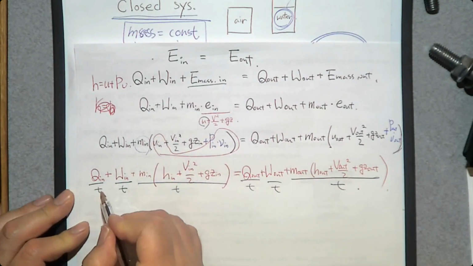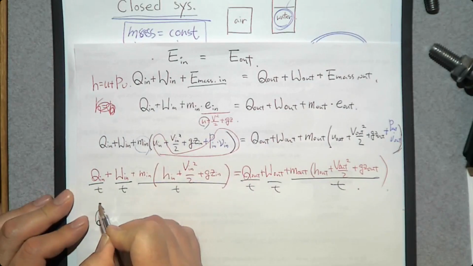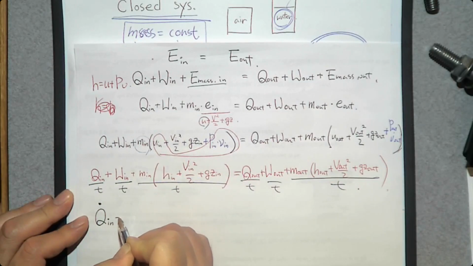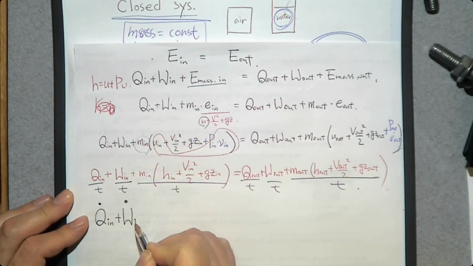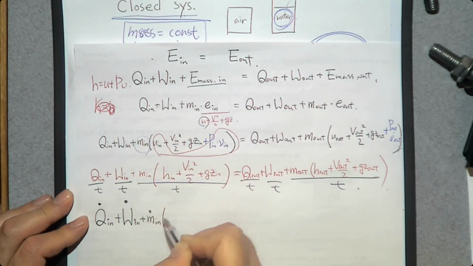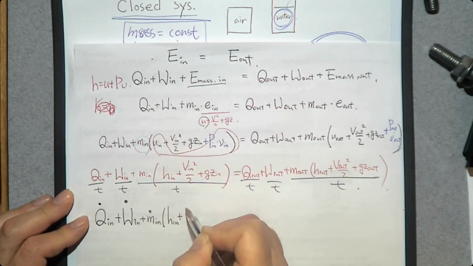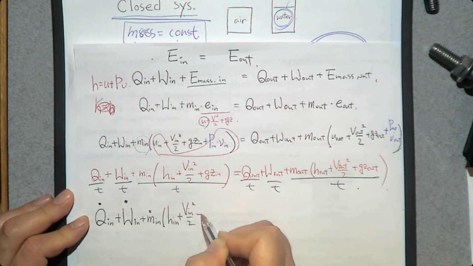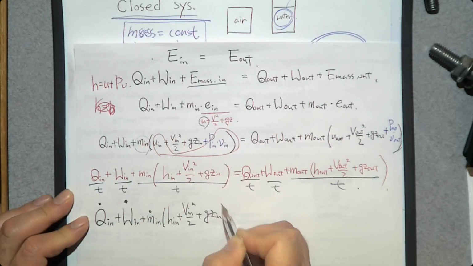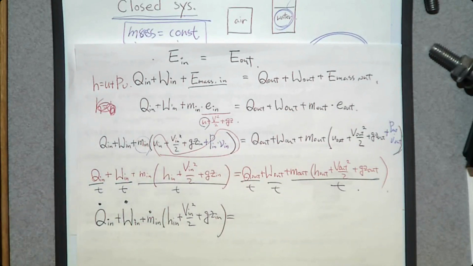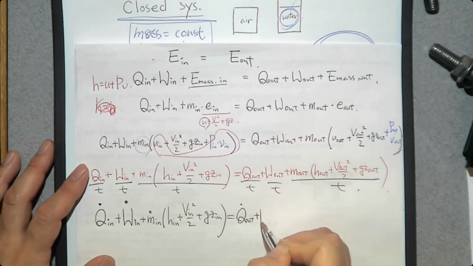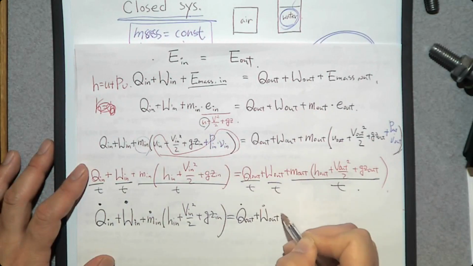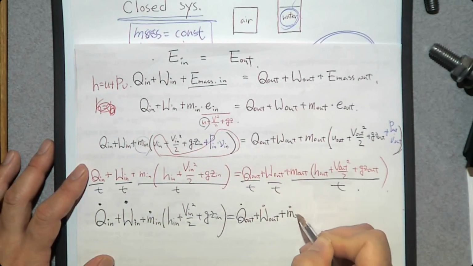So the first thing becomes Q dot, the rate of heat transfer, plus W dot, the rate of energy transfer by work, and m dot, the mass flow rate at the inlet. This one has enthalpy, kinetic energy, and potential energy. And energy transfer out of the system: the rate of heat transfer Q dot out, the rate of energy transfer by work W dot out, and the mass flow rate at the exit.